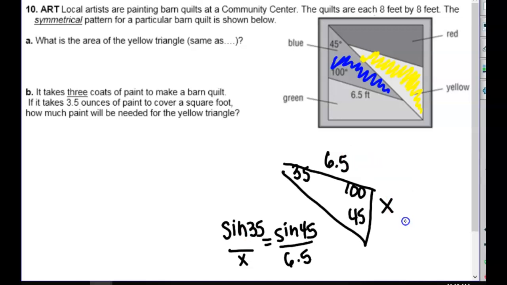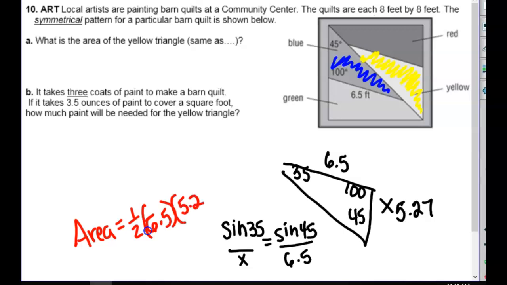Anybody get 5.27? Okay, so now to find the area, we'd have 1/2 or 0.5 times 6.5 and 5.27. And the angle in between those two would be 100.